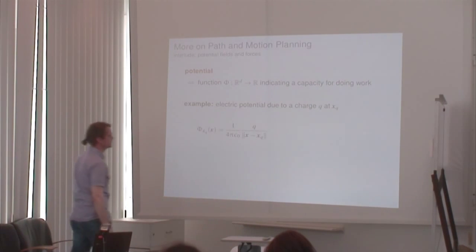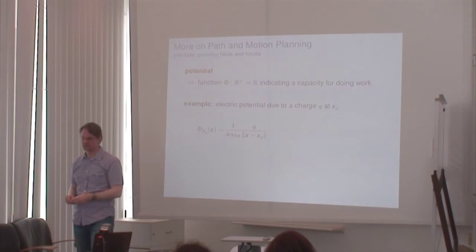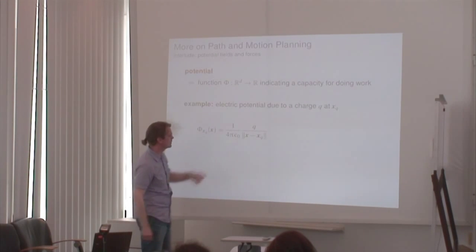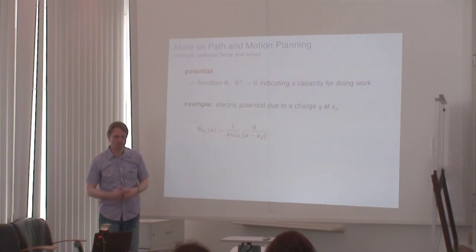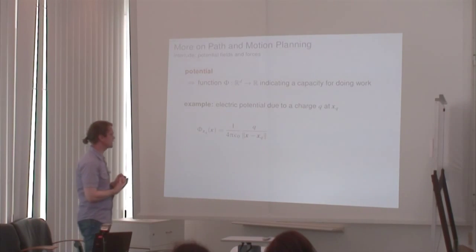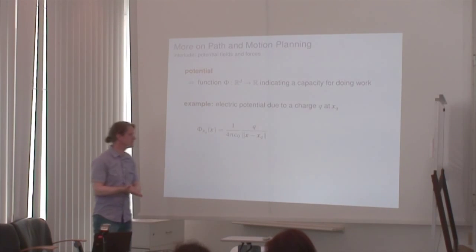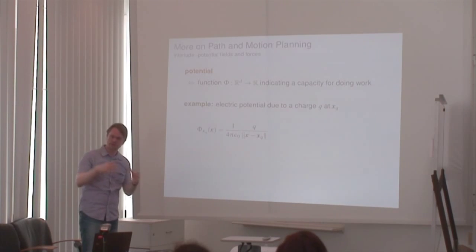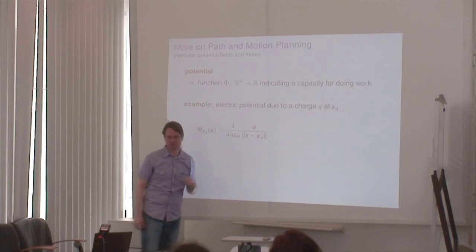This is the electric potential in some point x that is due to a charge q located at some location x_q. Studying physics, it turns out that this electrical potential is given by 1 over 4 times pi times epsilon naught times q, the charge located in x_q, over the distance between x and x_q.